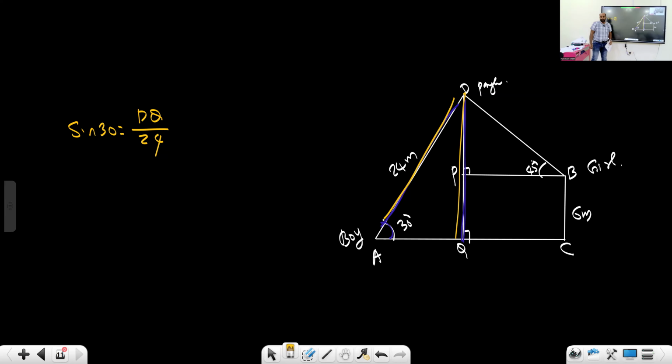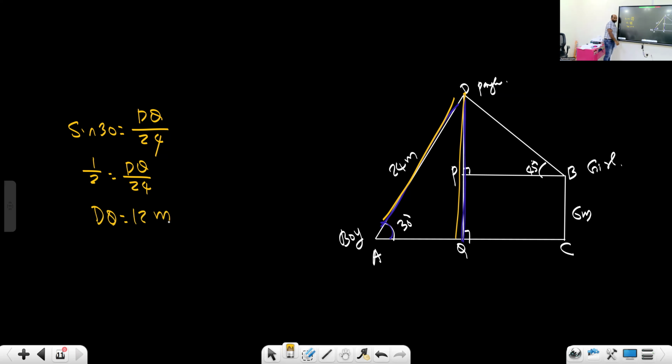What is sine 30? 1 by 2. DQ by 24, so DQ equals how much? 12, that is 24 by 2. Right? Therefore, the height of the paraglider from the ground is 12 meter.